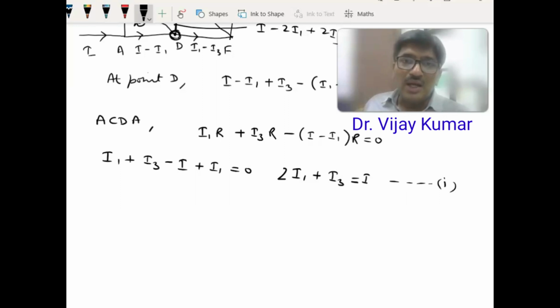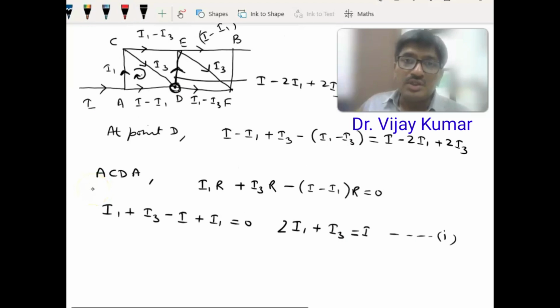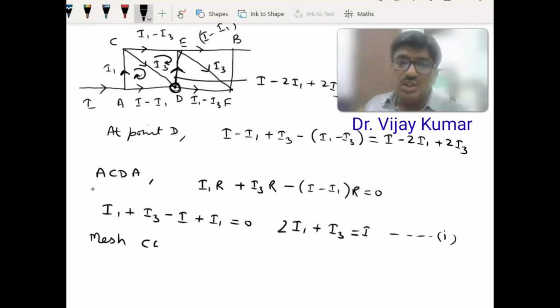Now we apply it again, clockwise, in mesh CEDC.